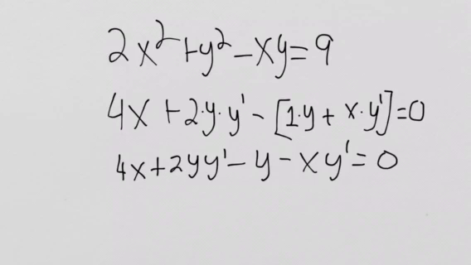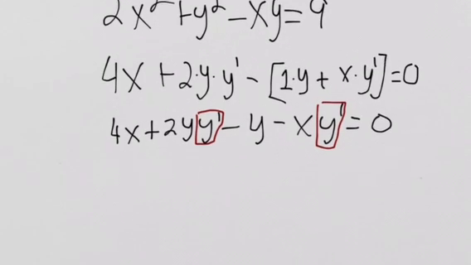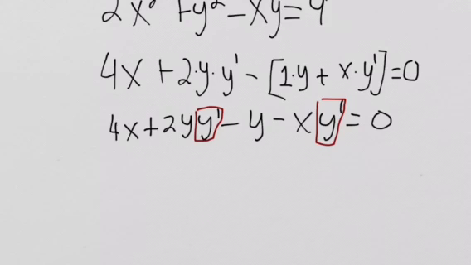And what I need to do is isolate y prime. So I need to include all my terms that have y prime in them on one side of the equation, and then factor out that y prime. So I'm going to be left with 2y y prime and minus x y prime on one side. So if I factor out that y prime, I get y prime times 2y minus x.